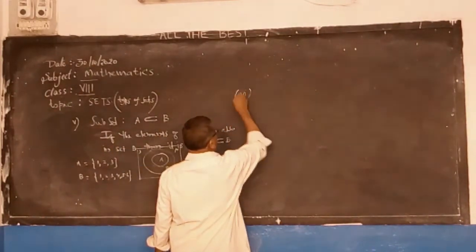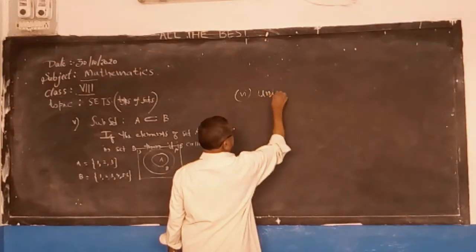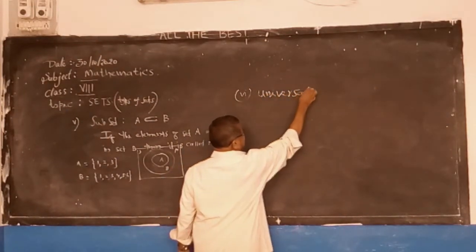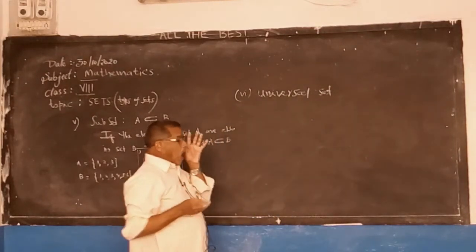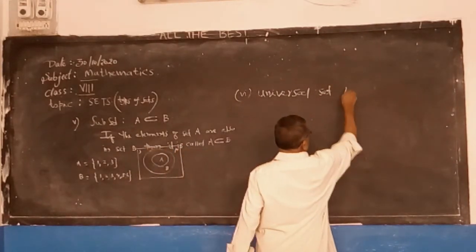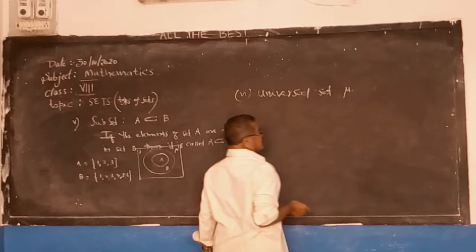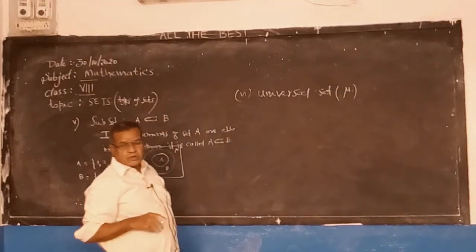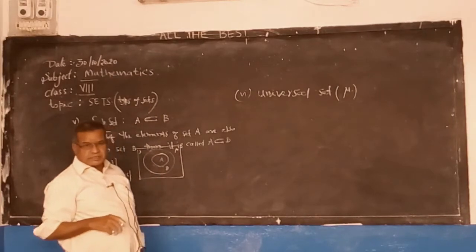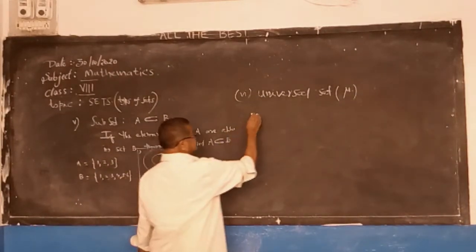Universal set is given a symbol like this, nu.